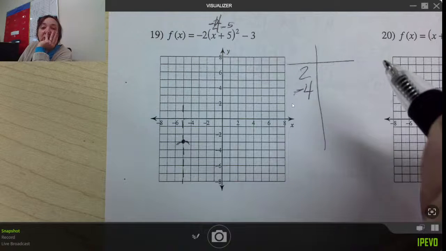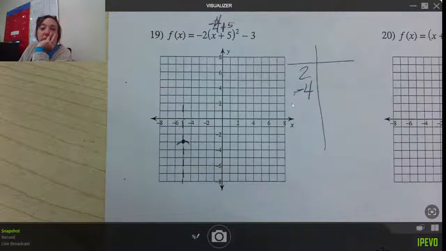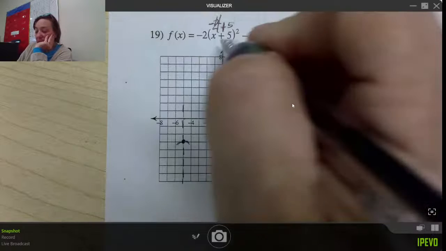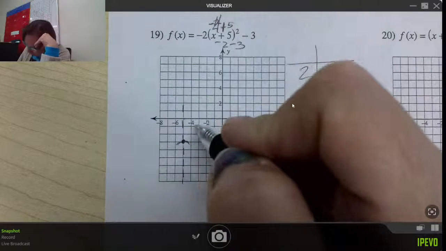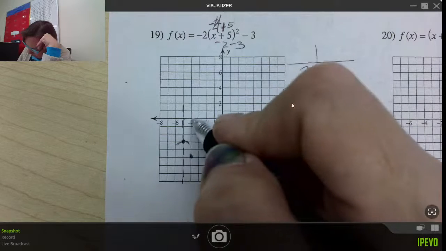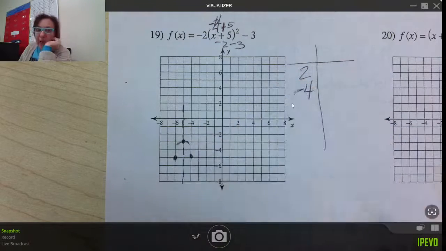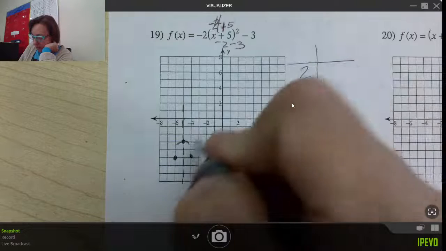Never mind. That's not minus, that's plus 5. -4 plus 5 is 1. You were right with 1. 1 squared. 1 times -2. -2 minus 3. So -4, -5. And then we match it up over here. And we might be able to get one more out of that. But you know what? I don't care enough.